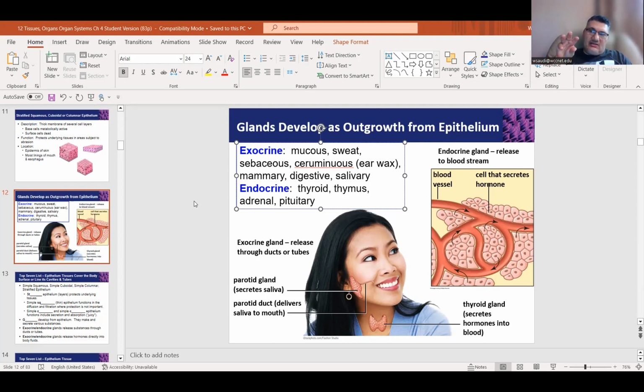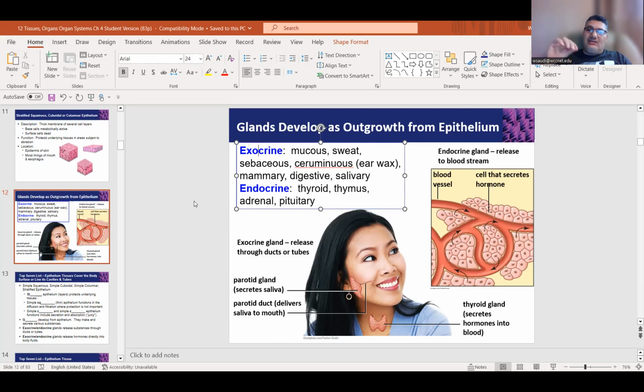No, there is a duct that will take it out and pour it into the intestine. Do you have a duct? Yes. This duct will take the secretion out. Out is exo. Out. Duct. Out. Exo. So this is exocrine glands.